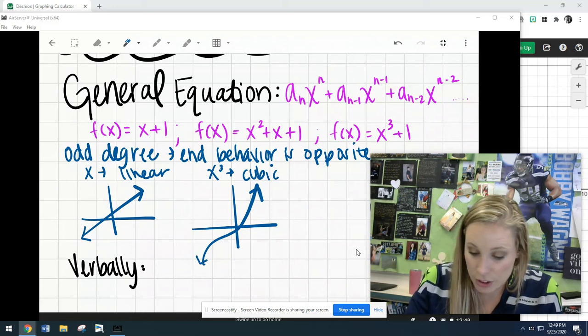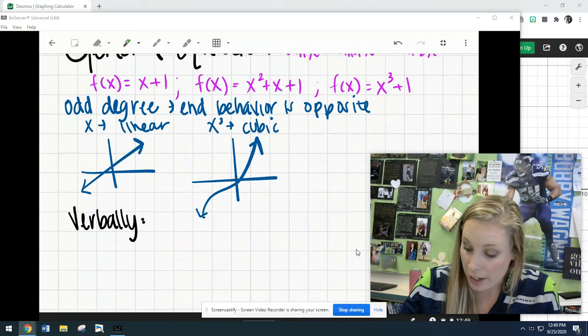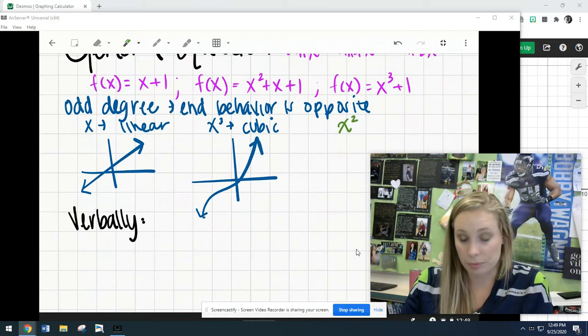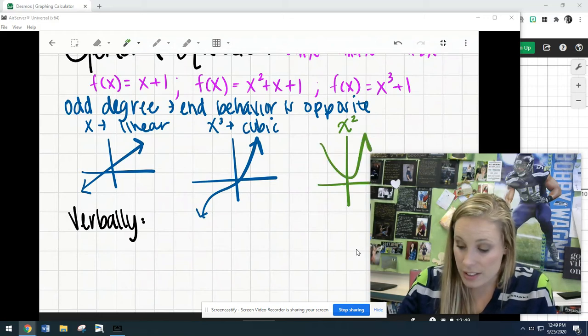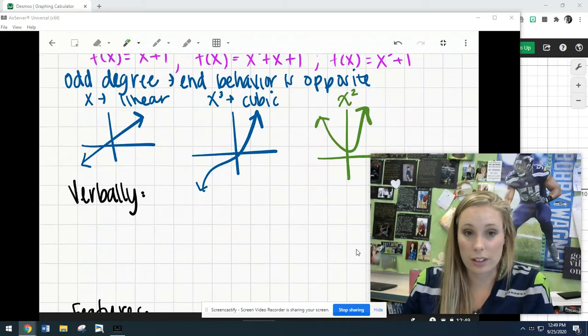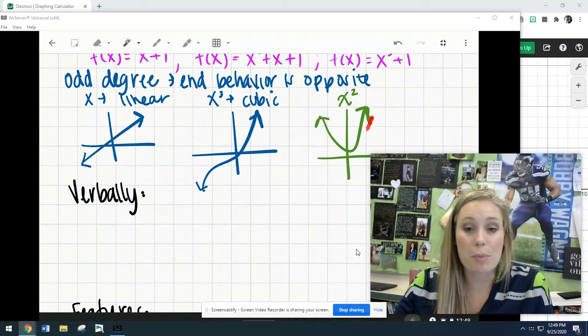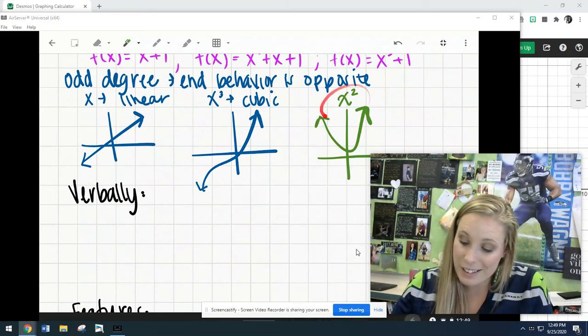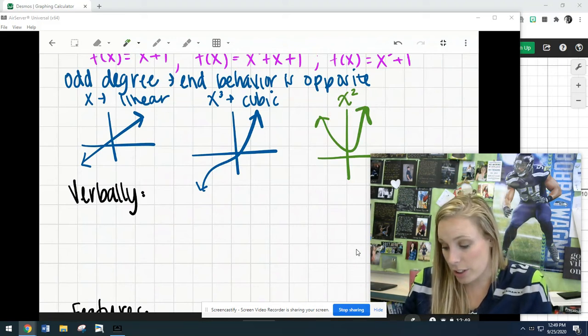Now, if you have an even degree, and the first even degree that I think of is x squared, your ends are going to end in the same direction. Sometimes they're going to end in the positive direction. If this had been negative x squared, then they would have ended in the negative direction.